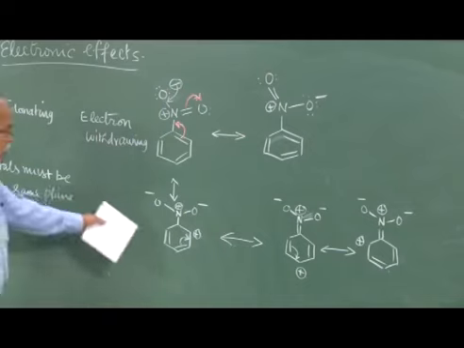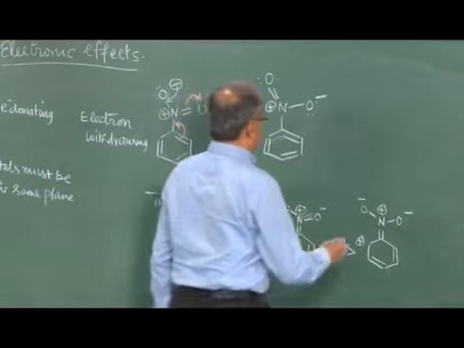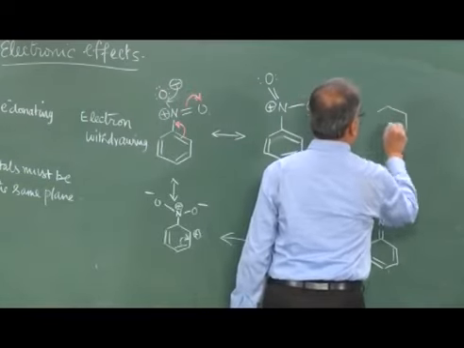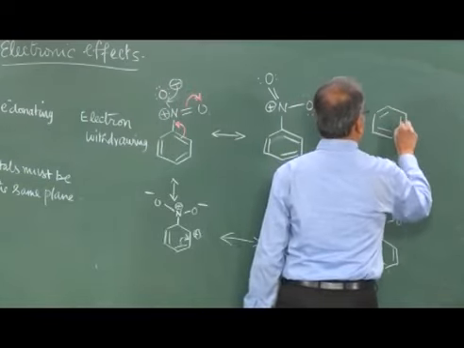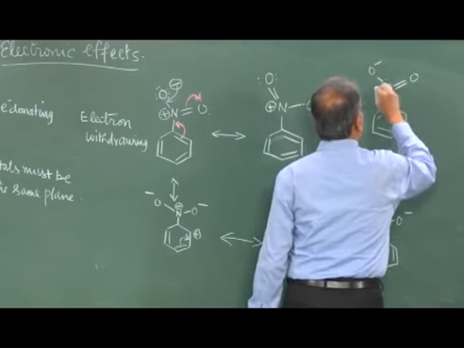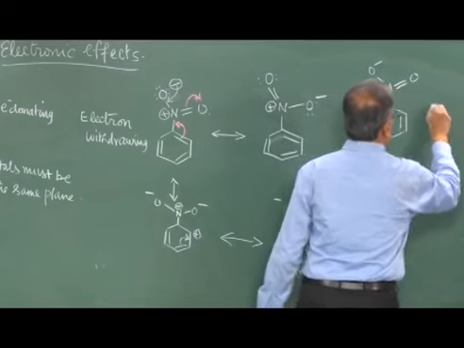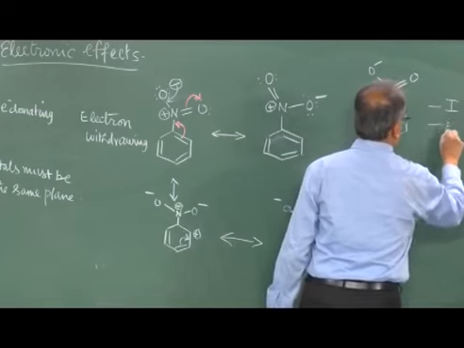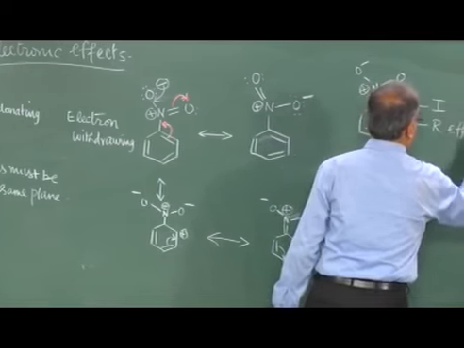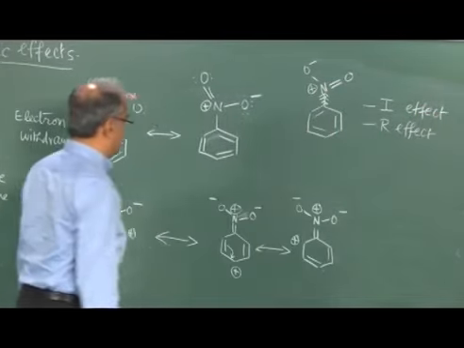So, these are all canonical structures, or the resonance structures, of the nitrobenzene. Nitrobenzene, if you want to describe fully the electronic effects, is electron withdrawing by the inductive effect. So, it is a minus I effect as well as a minus R effect it has. That is why it is one of the powerful electron withdrawing functional groups in organic chemistry.